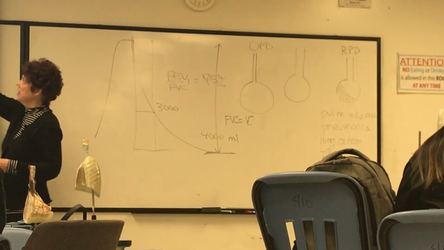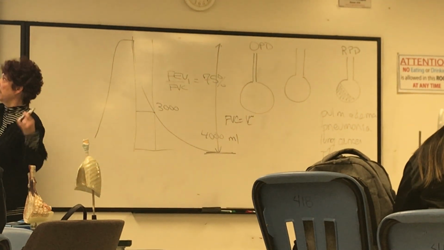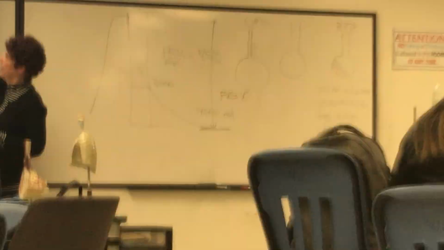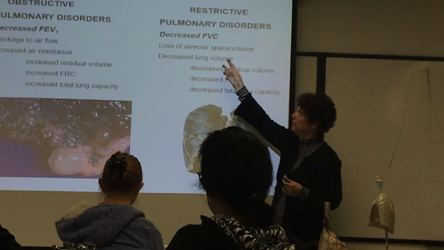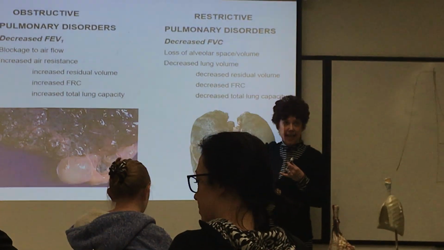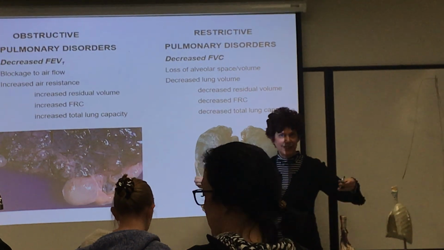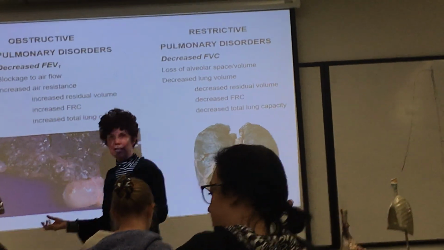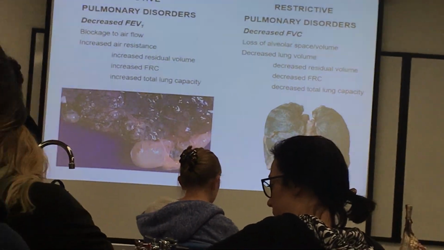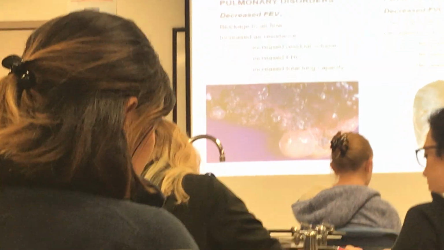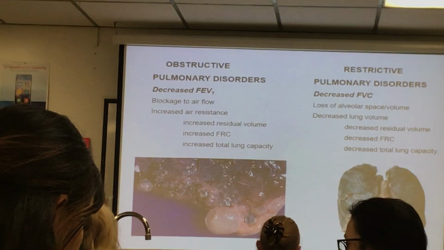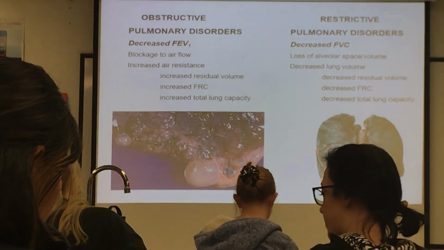So for that, we have a decreased overall of everything. The FEV1 can be normal, but your overall vital capacity is less because we've actually lost parts of our access to alveoli. Either because the alveoli are filled with fluid, or they've been gone due to disease, or blocked off from a tumor, okay?